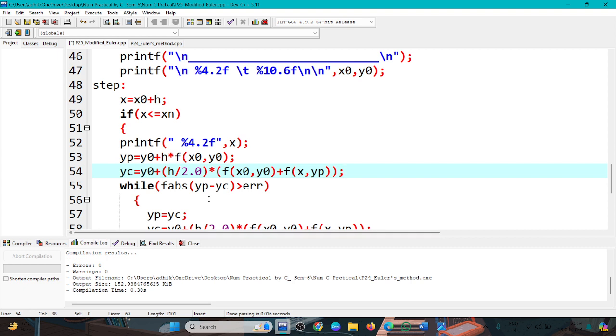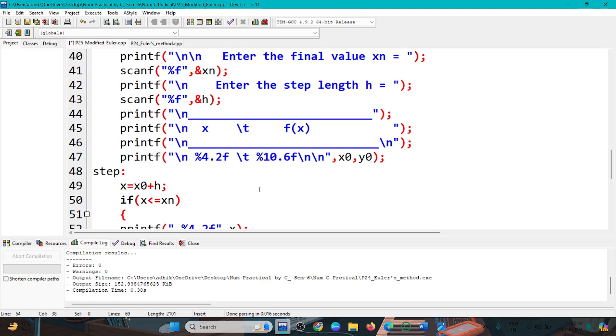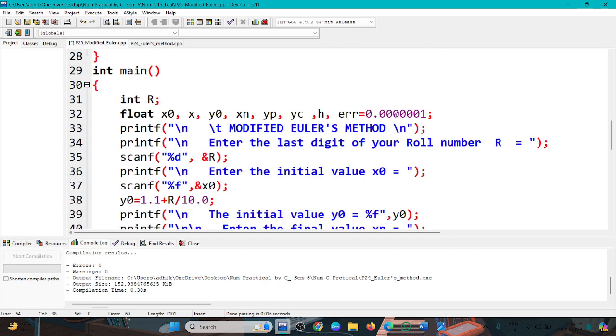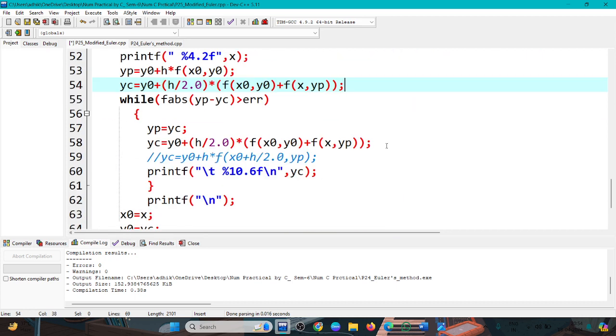And while the absolute value of yp minus yc is greater than the error epsilon, which here we choose as 0.00000001, then yp equal to yc. So the predictor value of y is the previous corrector value yc, and the new corrector value yc equal to y0 plus h by 2 into f of x0, y0 plus f of x, yp.